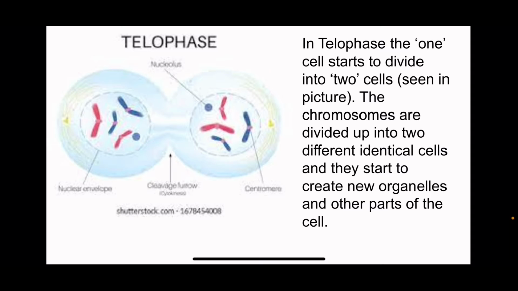And this is telophase. In telophase, the one cell starts to divide into two cells, seen in the picture. The chromosomes are divided up into two different identical cells, and they start to create new organelles in other parts of the cell. So the nuclear envelope reforms, and the nucleus and other organelles start to form. The centromere forms for future mitosis processes for the cells, and the cleavage furrow breaks, and that's when cytokinesis happens.